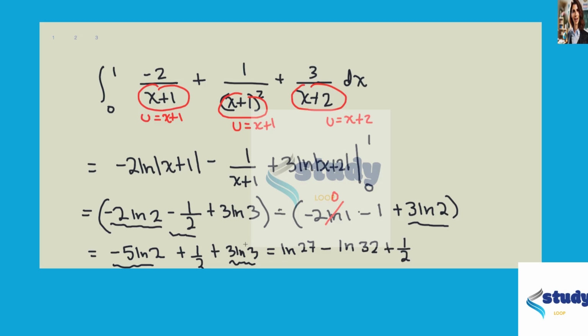So I'm using the log property that a natural log b is ln of b to the a power. And finally, we have a log minus a log, so we can write this as a log of a fraction using another log property. Plus 1/2, and there's our final answer.